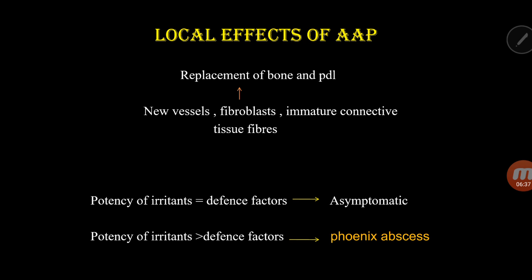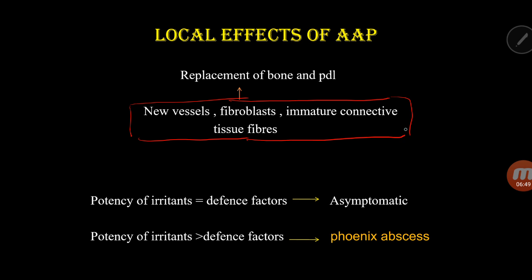So what are the changes that take place? Once the disease has started and the body is responding, there will be formation of new vessels, fibroblasts, and activation of osteoblasts, and they lead to formation of immature collagen fibers, which are going to be replaced to form the bone and the PDL.